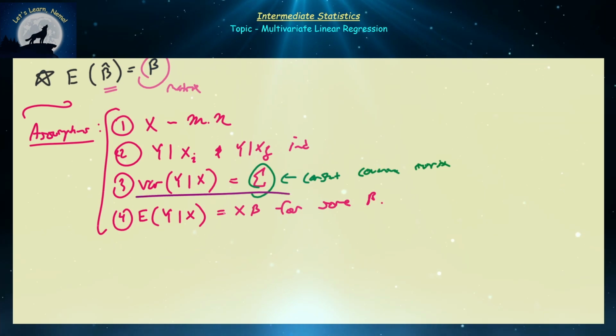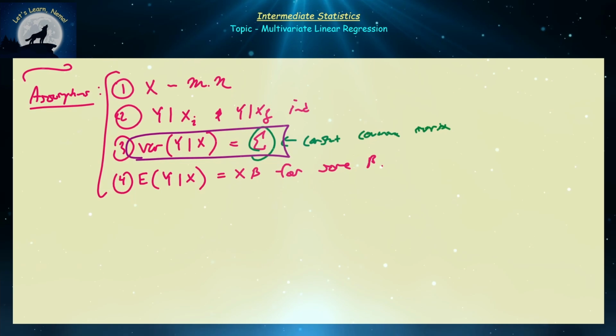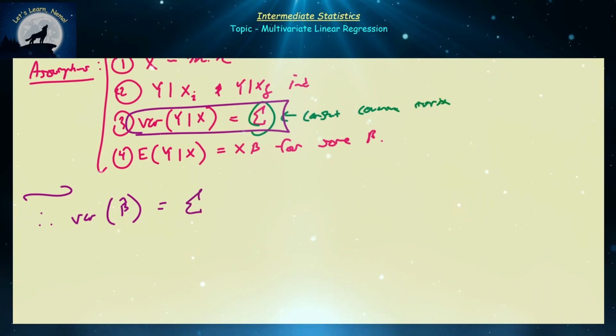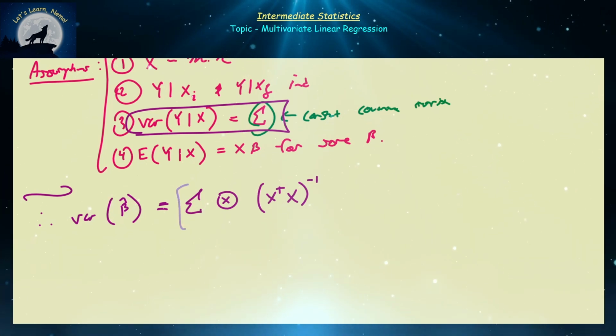If we assume homoscedasticity, or multivariate homoscedasticity, for your linear regression model, then one can prove that the variance of beta hat has a very similar structure to that of the univariate case, but it's going to be that constant covariance matrix Kronecker product with the matrix X transpose X inverse. That's going to be the variance of beta hat.